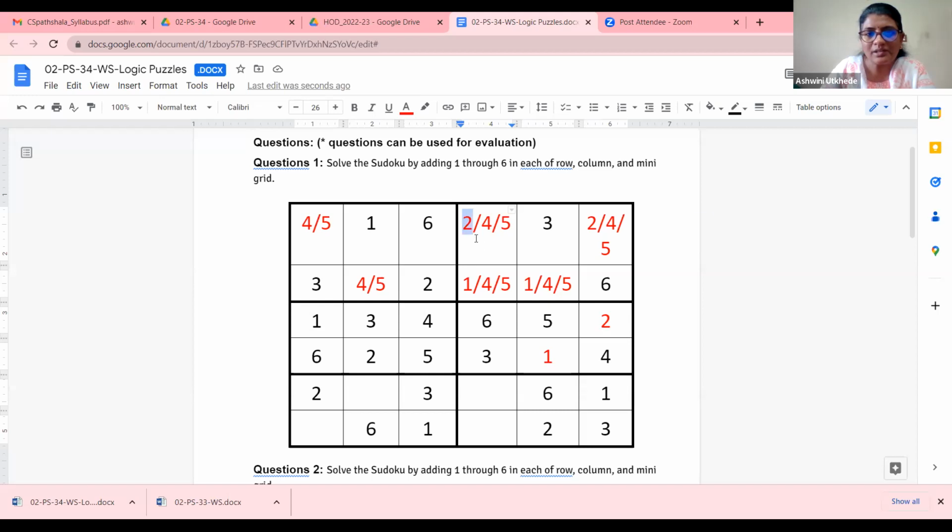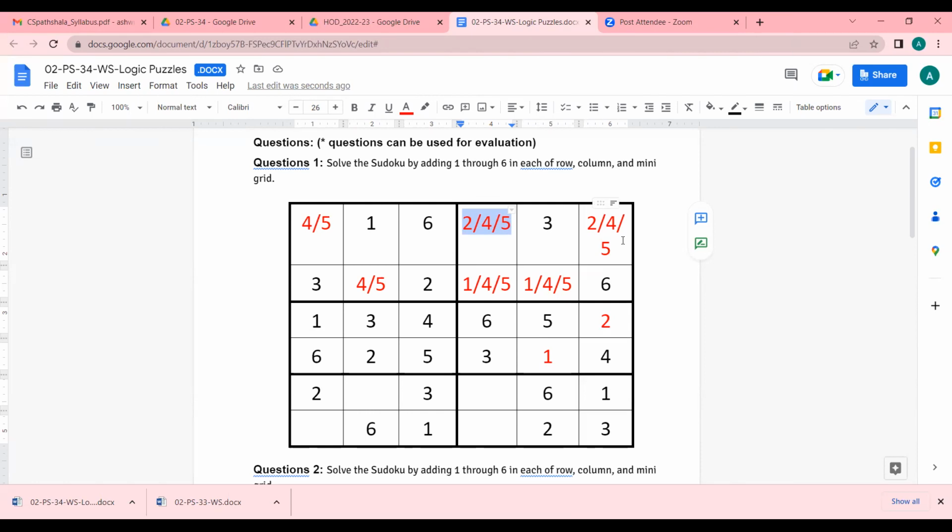Let us talk about this cell. 2 is there, only 4 and 5 left out. Can we eliminate 2 or 4 or 5 from this cell? If not, then check the next cell.